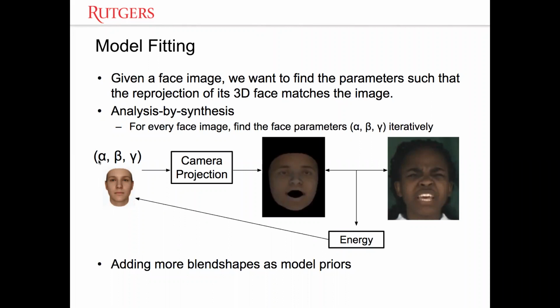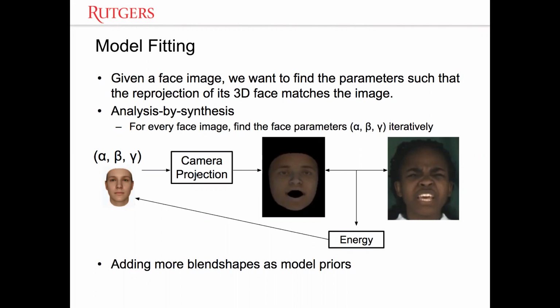To do this, we can start by randomly initializing alpha, beta, gamma. Alpha refers to the identity morphable model, beta refers to the expression, and gamma refers to the texture. Through a camera projection, you can set up the camera positions or the orientations of the face. You can also add some lighting conditions, like a directional light, and the position and orientation of that light are also parameters you need to optimize.